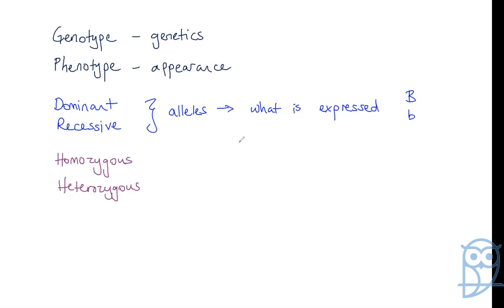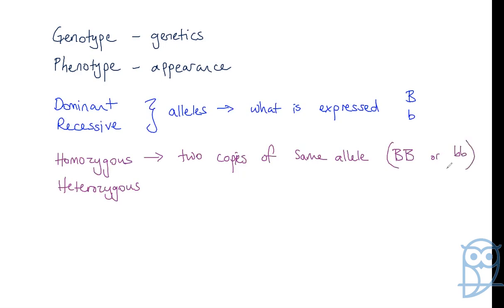Are they the same alleles or are they different? If we are homozygous, we have 2 copies of the same alleles. So we have either BB, homozygous dominant, or we have little b, homozygous recessive.